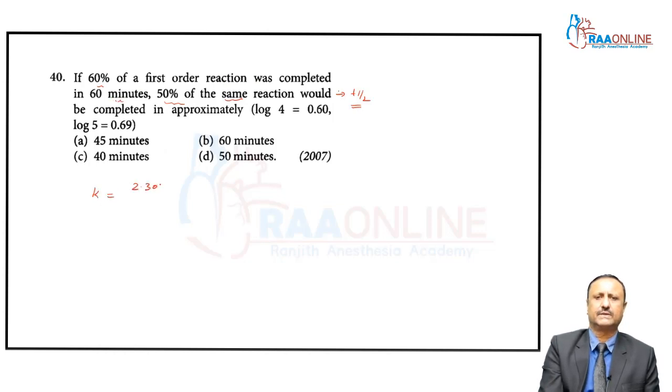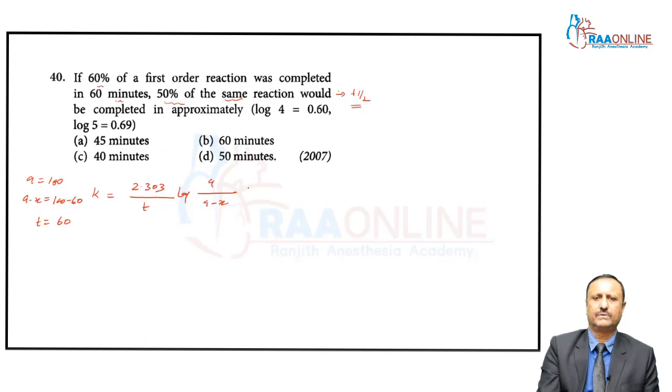K is equal to 2.303 upon T log A upon A minus X. Here 60% means A is equal to 100 and A minus X is equal to 100 minus 60, and time T is equal to 60 minutes.